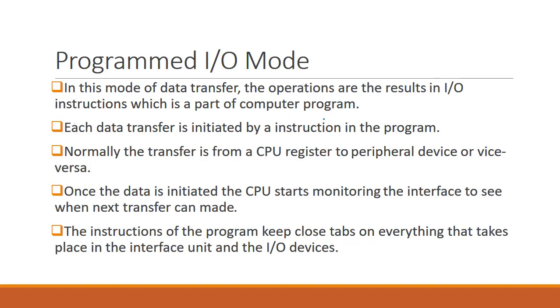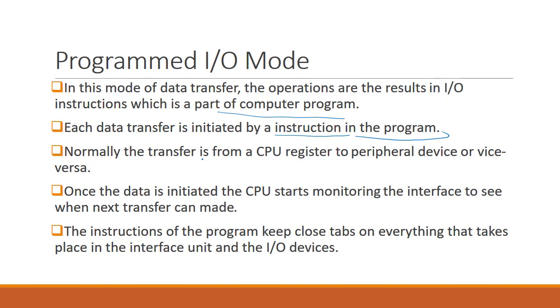When the CPU fetches an instruction into the instruction register and it is an input output instruction, there will be a data transfer between the peripheral devices and computer memory. In programmed input output mode, each data transfer is initiated by an instruction which is part of a program.